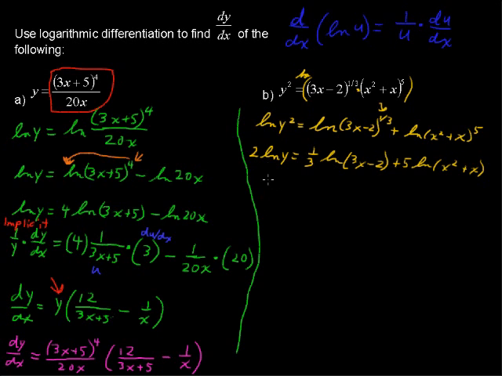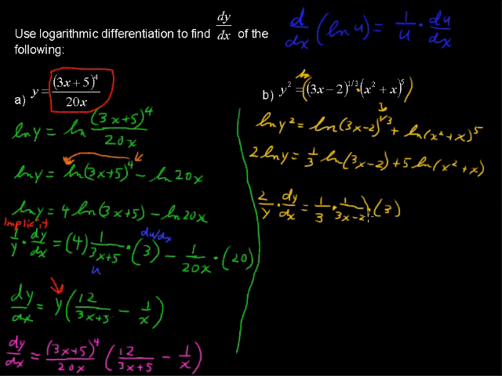I'm going to use implicit differentiation over here again. I've got this 2 just tagging along, so 2 times 1 over y, or 2 over y, multiplied by the derivative of y, and that's just dy/dx, equals 1/3 tags along, multiplied by 1 over 3x - 2, multiplied by the derivative of 3x - 2, which is just 3.